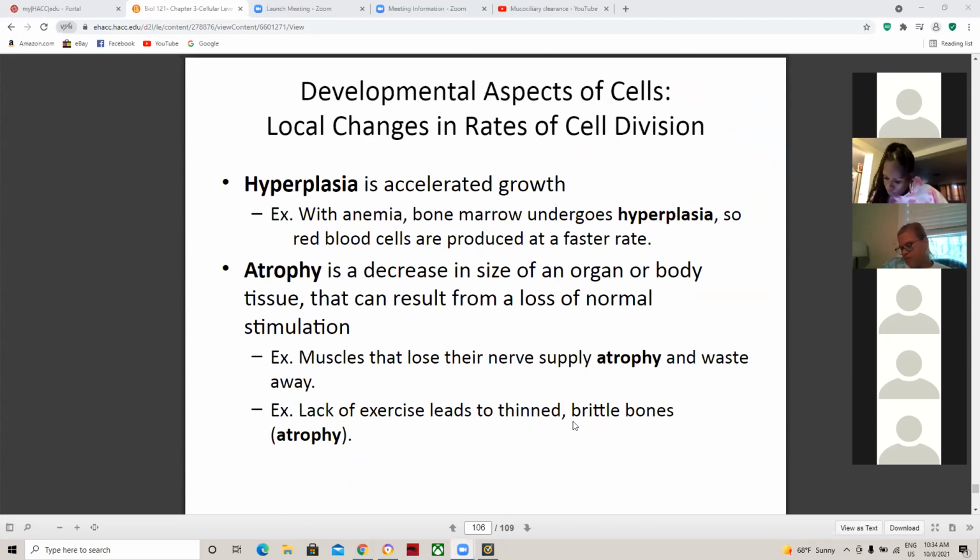Now some words involved with the rates of cell division. Hyperplasia is accelerated growth. For example, in the case of anemia, bone marrow cells will undergo hyperplasia, so red blood cells are produced at a faster rate.